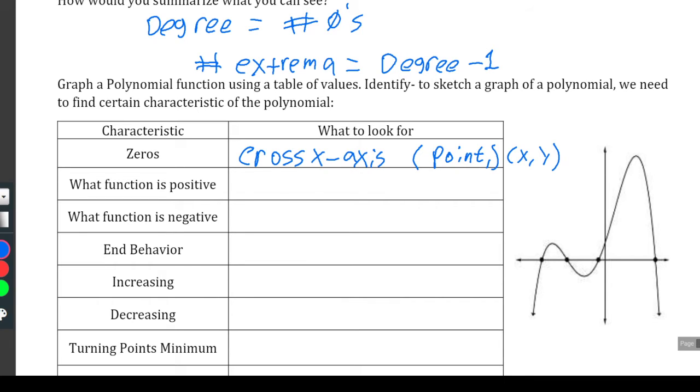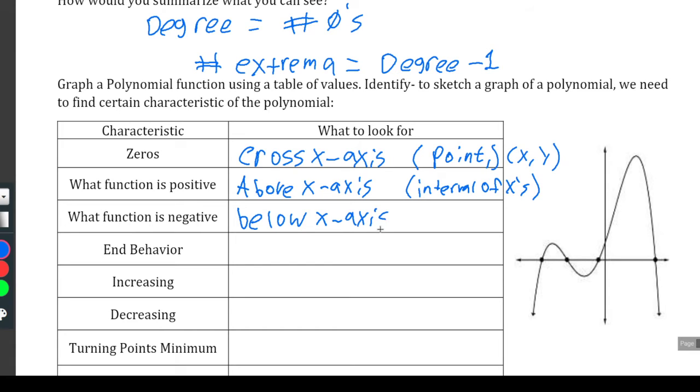When the function is positive, we want to know when it's above the x-axis. And that's going to be an interval of x's. And when negative, we want below the x-axis. And again, it's going to be an interval of x's.